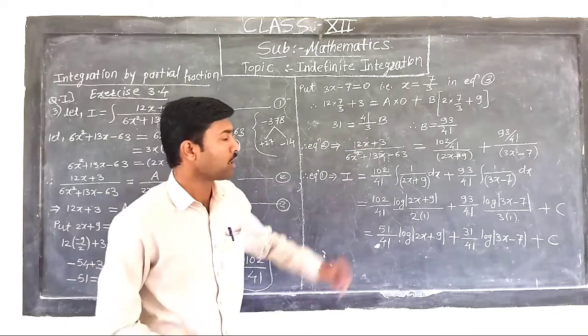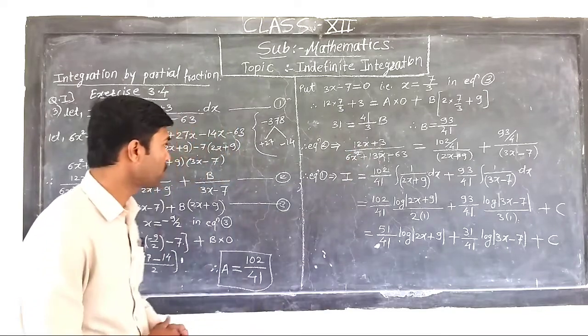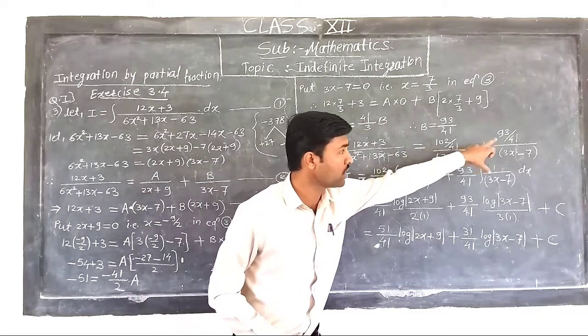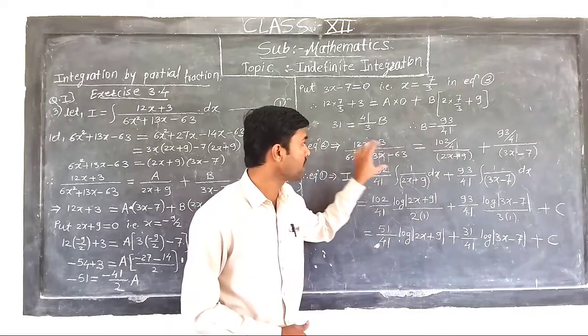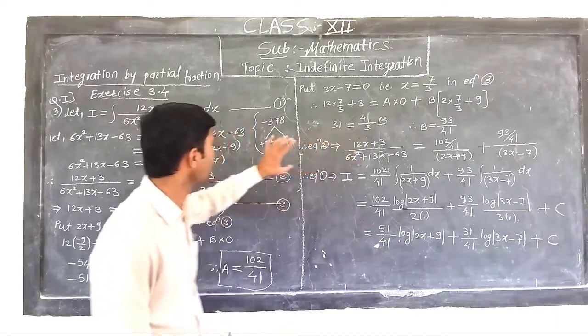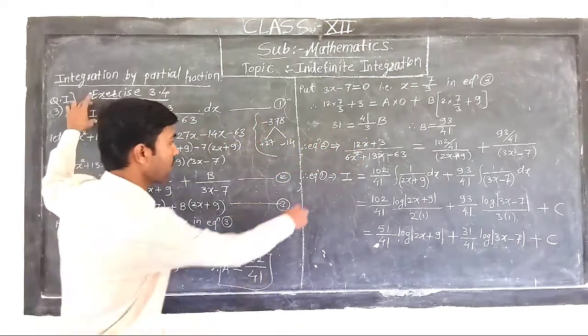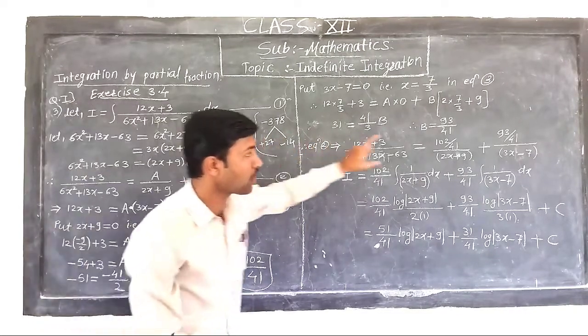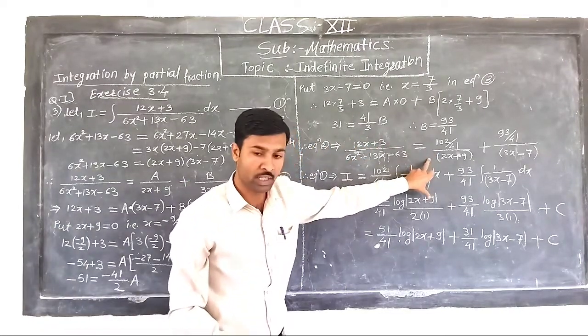Now after putting both these constant values in equation 2, we get equation 2 as this. This is the value of a and this one is for b, and after putting this proper rational function in equation number 1, I equals the integration of this function. How do we solve this integration?